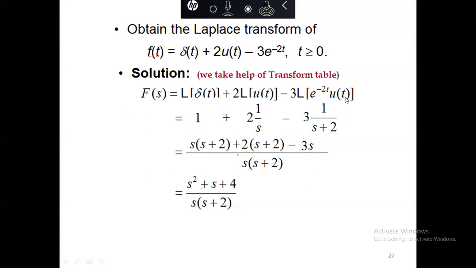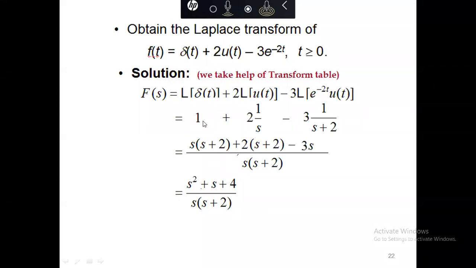This is the unit step function because the time is greater than or equal to 0, so we multiply by the unit step function, and that is the exponentially decaying function. The Laplace transform of delta of t is 1, the Laplace transform of u of t is 1 by s, and the Laplace transform of e to the minus 2t is 1 by s plus 2.